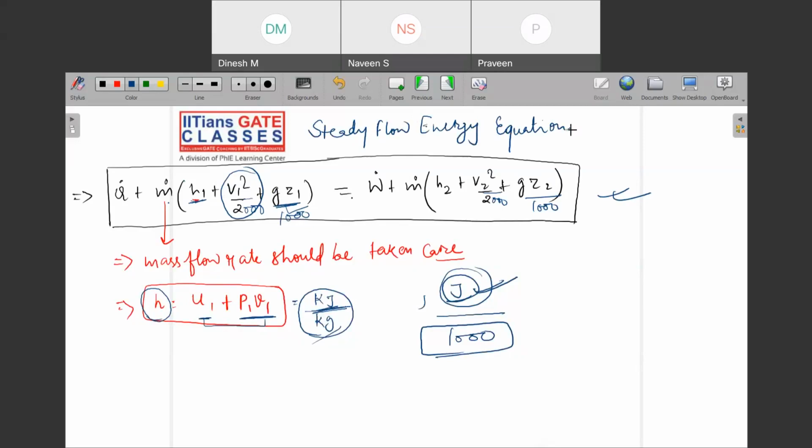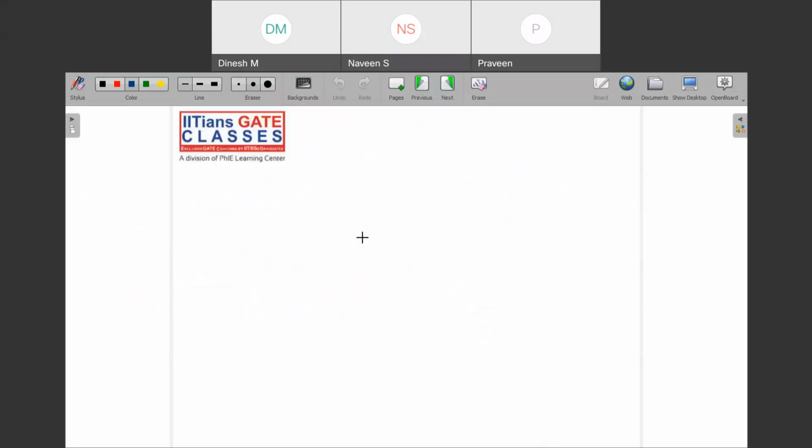Now what I'm trying to do is apply this steady flow energy equation to various devices and see how we can utilize it.